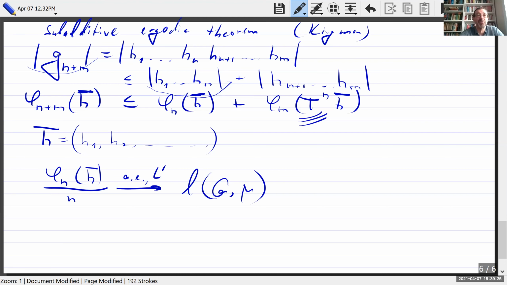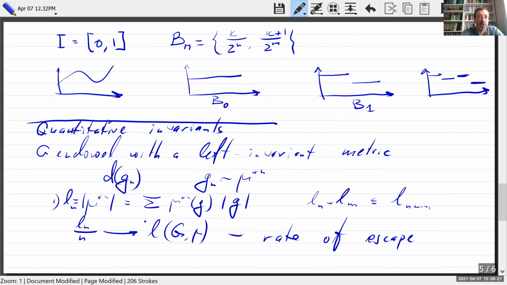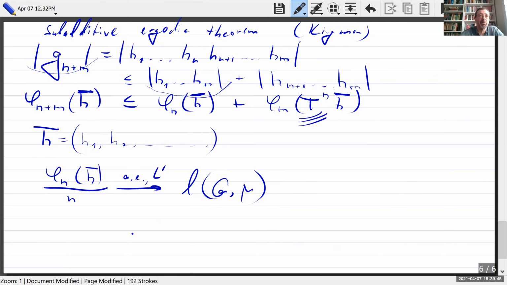Therefore, there are two definitions of the rate of escape. There is the definition on average, which doesn't require anything, just the triangle inequality, which says that the average at time n divided by n converges. And we also have a finer version of this theorem, which says that this convergence also holds almost everywhere.